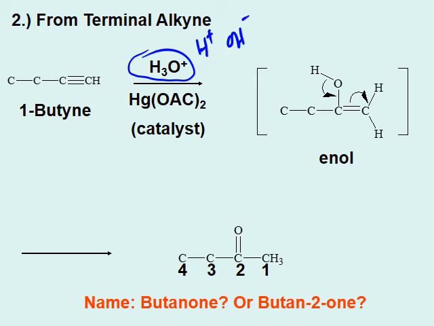So I'm just showing water as HOH, and H goes to that carbon, which carbon with unsaturation and largest number of hydrogen. So obviously H goes to this carbon and OH goes to the other one. This is nothing but Markovnikov's rule applied to a triple bond.